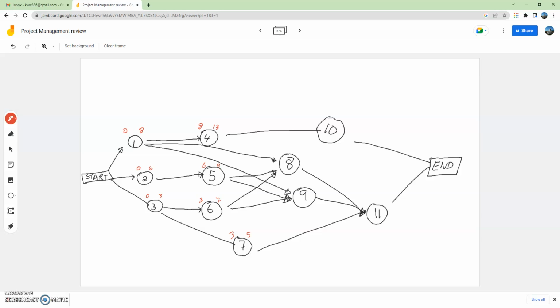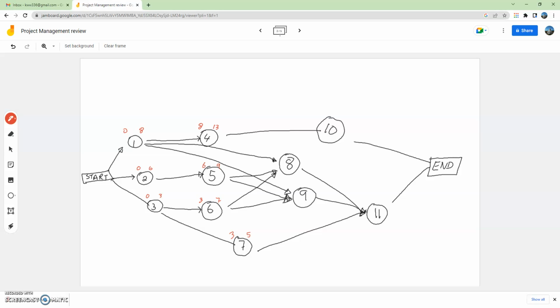So now we have to do these middle activities, activities 8 and 9. The earliest activity 8 can start is after activities 1, 5, and 6. So activity 1 finishes at time period 8, but activity 5 finishes at 9 weeks, whereas activity 6 finishes at 7 weeks.